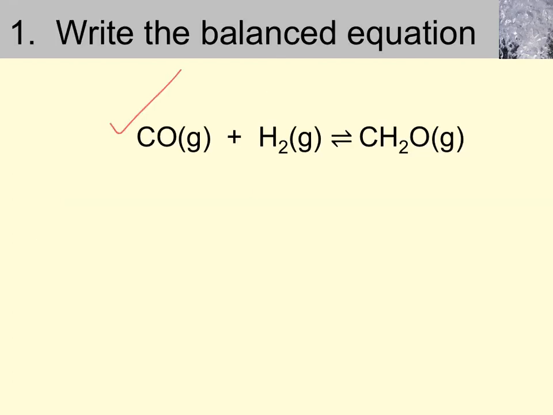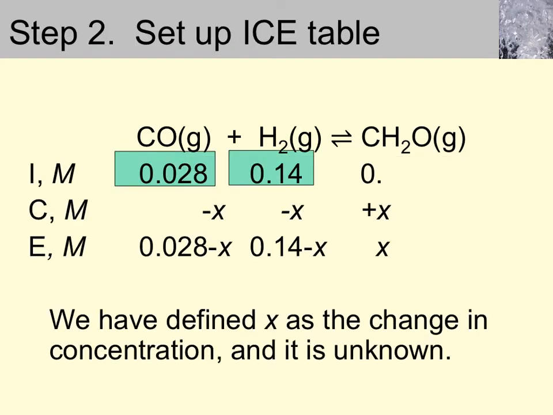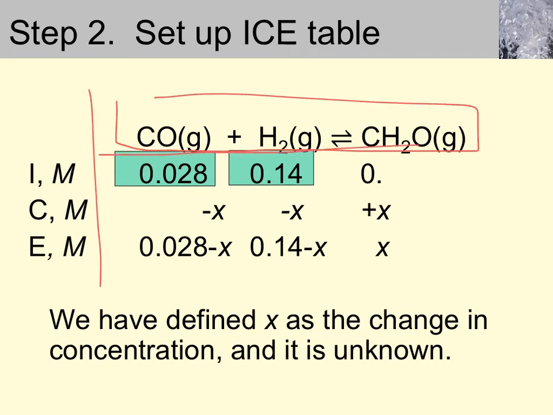Just a checkpoint here. Make doubly, triply sure that the chemical equation you're working with is balanced. This one is, but just double check on any type of test or quiz that it is in fact balanced. Go ahead, once you have the balanced equation written up, and set up your ice table and put in the given information. They told you the 2 initial concentrations of reactants.